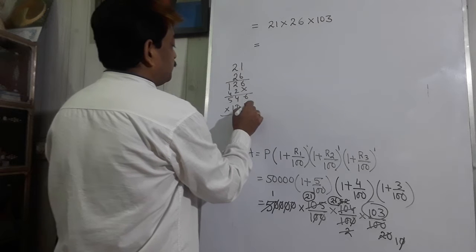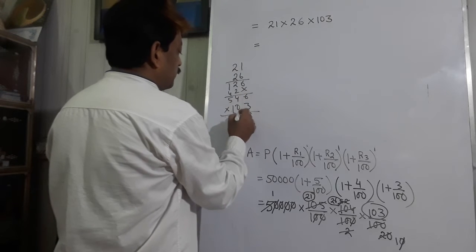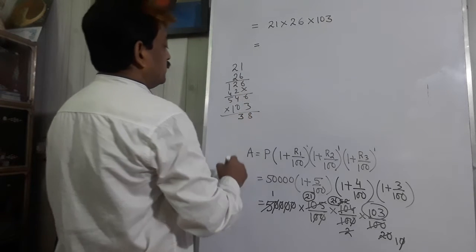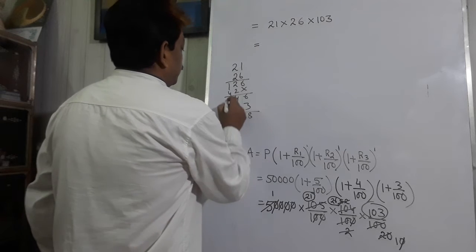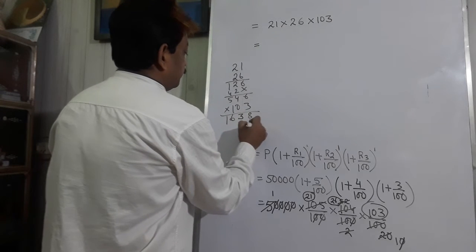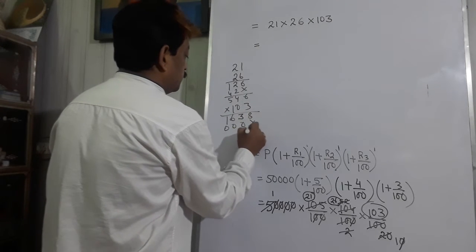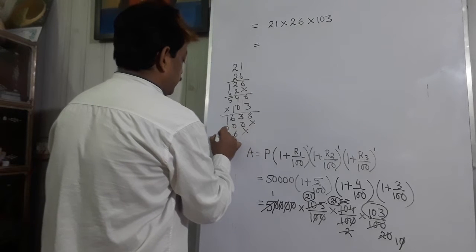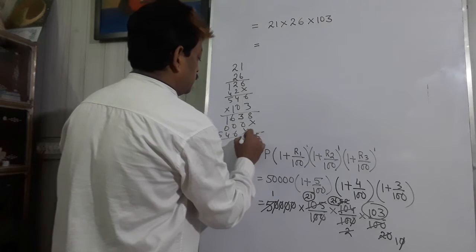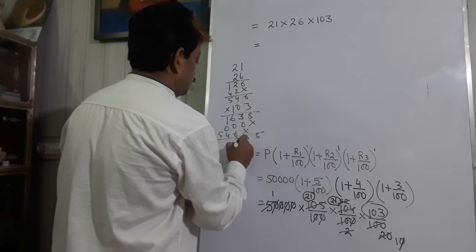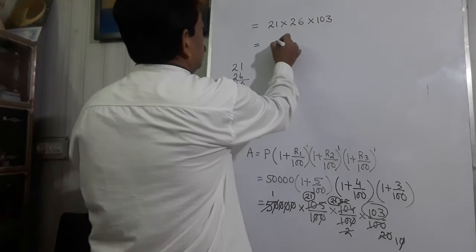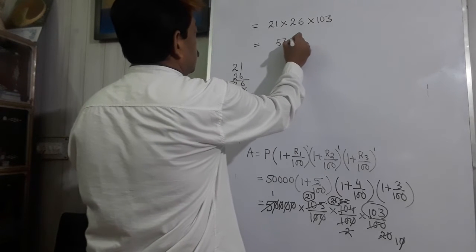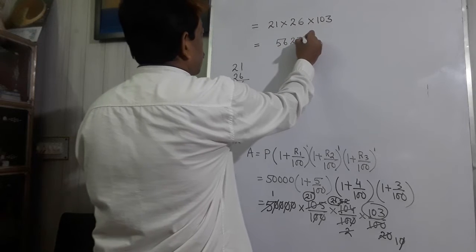So 8, 18 balance 1, 12 plus 1, 13, balance 1, 15 plus 1, 16, 0, 0, 0, 6, 4, 5. It is 8, 3, 2, 6, 5. So it is 5, 6, 2, 3, 8.